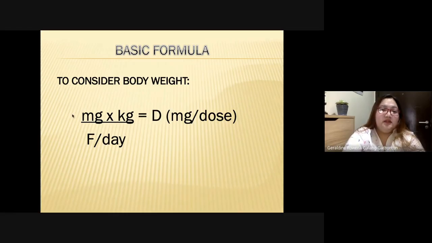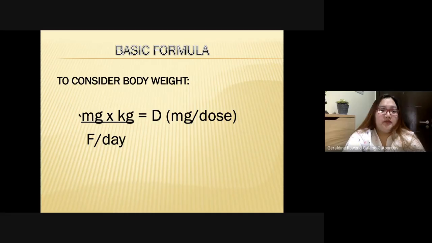So again, yung dosage, which is usually milligram, na gusto mo sa isang araw. F stands for frequency. No? So kung siya ay once a day binibigay, so 1. Kung siya ay BID binibigay, 2. Kung siya ay TID binibigay, 3. Kung siya ay Q8 binibigay, 3 din. Kung siya ay Q6 binibigay, 4. So, yung frequency per day.